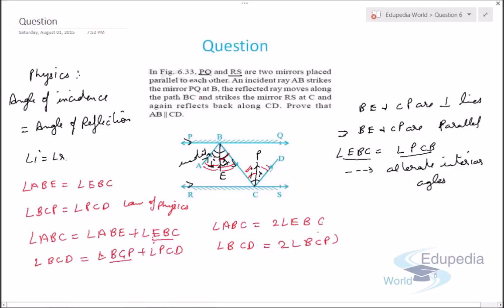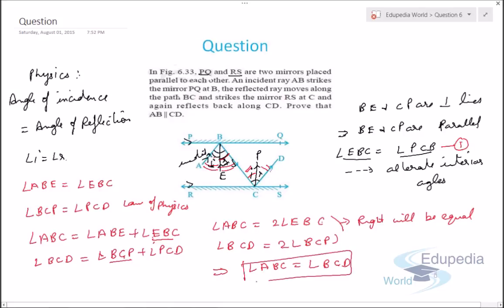Now, as we have proved in equation 1 that angle EBC equals angle PCB, the right-hand sides of these two equations will be equal. So we can write angle ABC is equal to angle BCD. This is how we can prove it. Now we got angle ABC, this complete angle, equal to angle BCD.